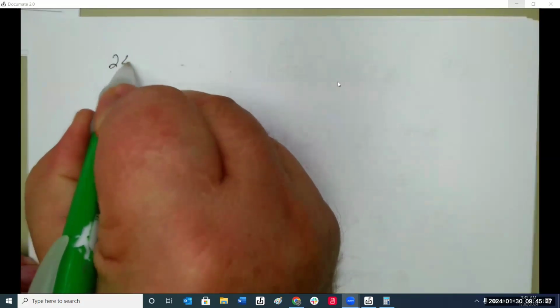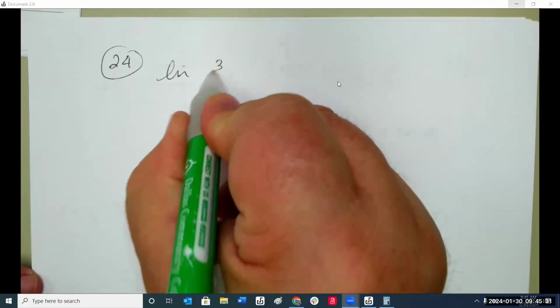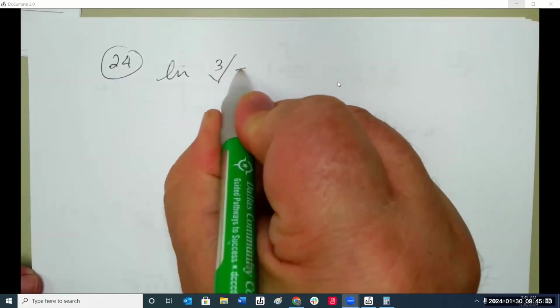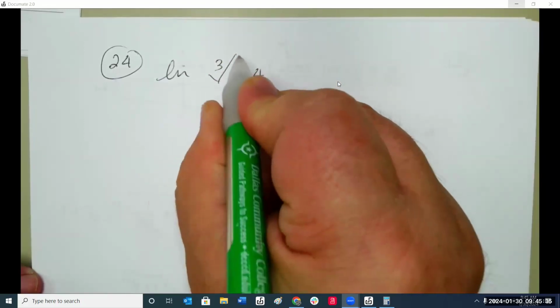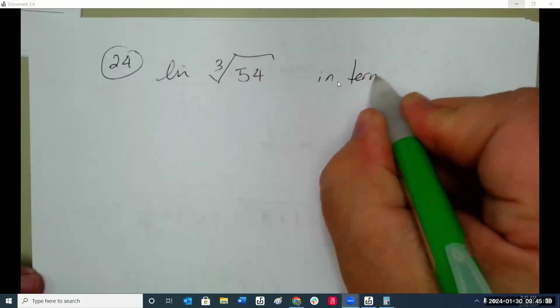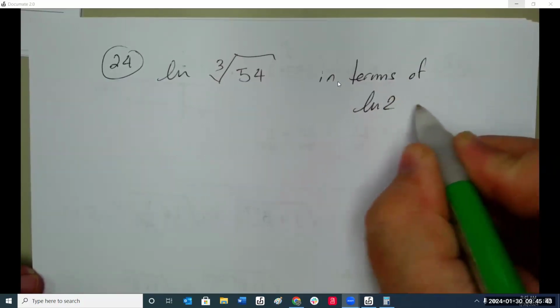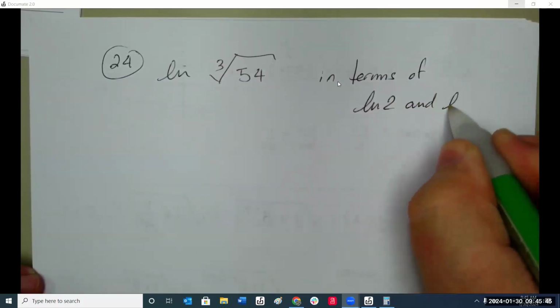Number 24. Express this function in terms of ln 2 and ln 3.